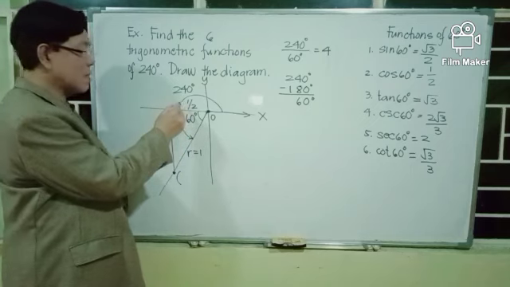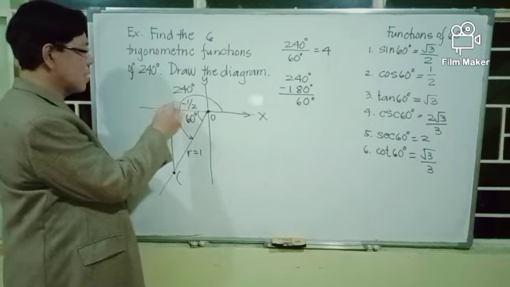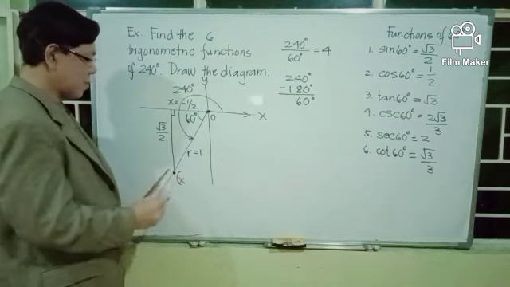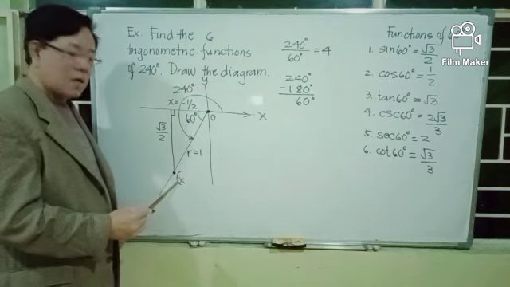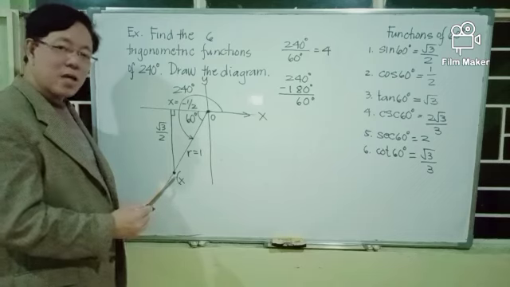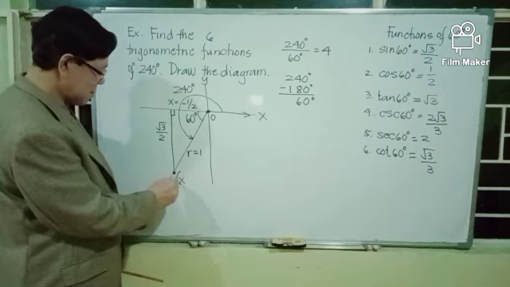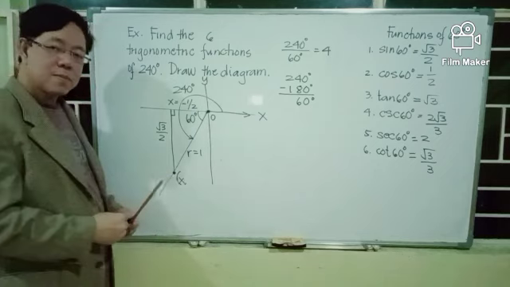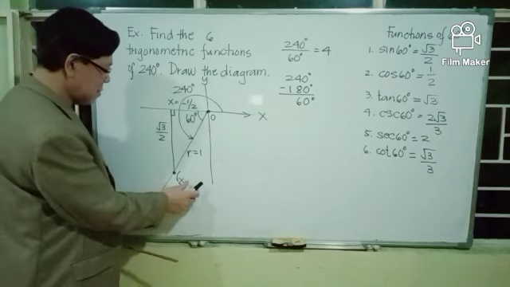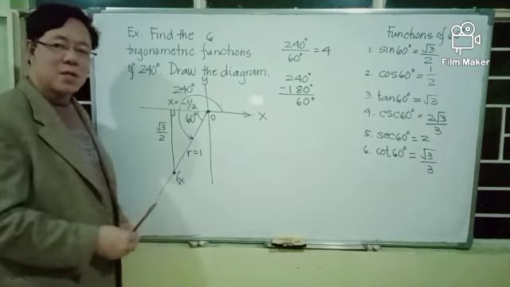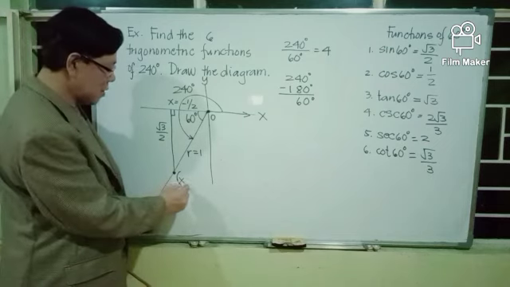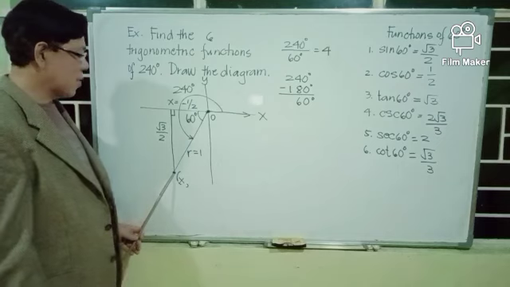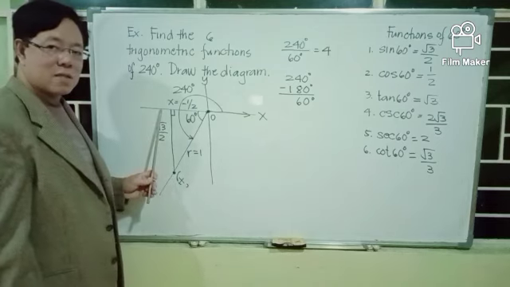We specify this is negative, and that's the value of x. And the value of y, or the ordinate of this point, is also negative because this point is below the x-axis.